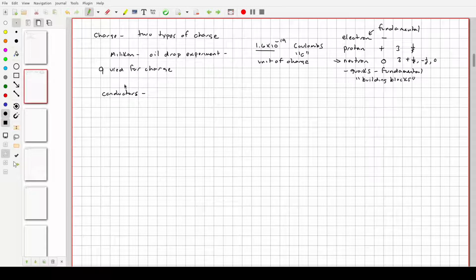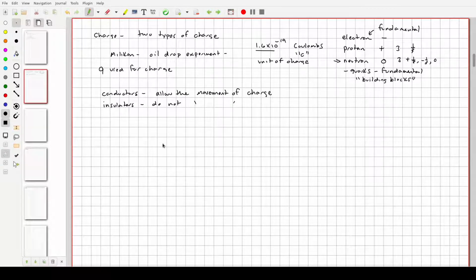Conductors allow the transport of charge. We're going to talk about why that is in a moment. And then you have things that do not allow the transport of charge. Those are called insulators. They do not allow the movement of charge.